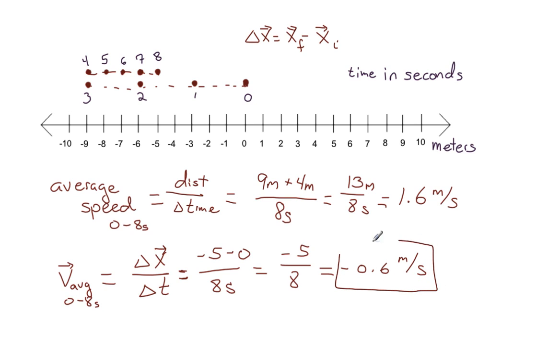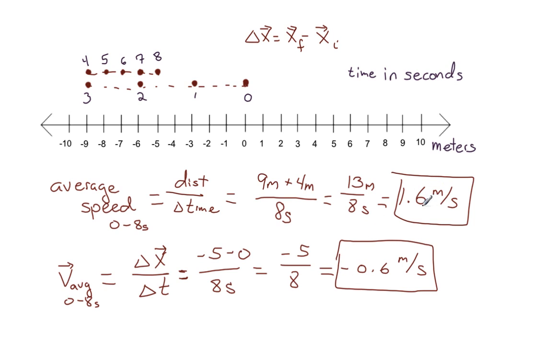And you'll notice these numbers are different. One's negative, one's positive. Not every average velocity is going to be negative. It could very well be positive. But the thing here is this is providing some information. Remember, the object is to the left of where it started from, so the average velocity should be negative.